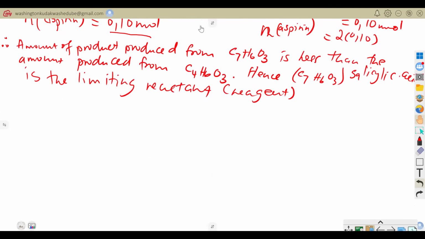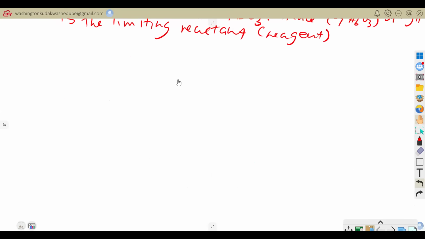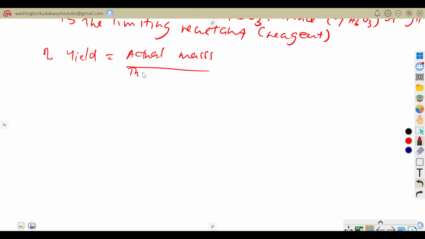So we can say that our actual comes from the what? It comes from experience. So you would say that percent yield is equal to actual mass divided by theoretical mass times 100%.